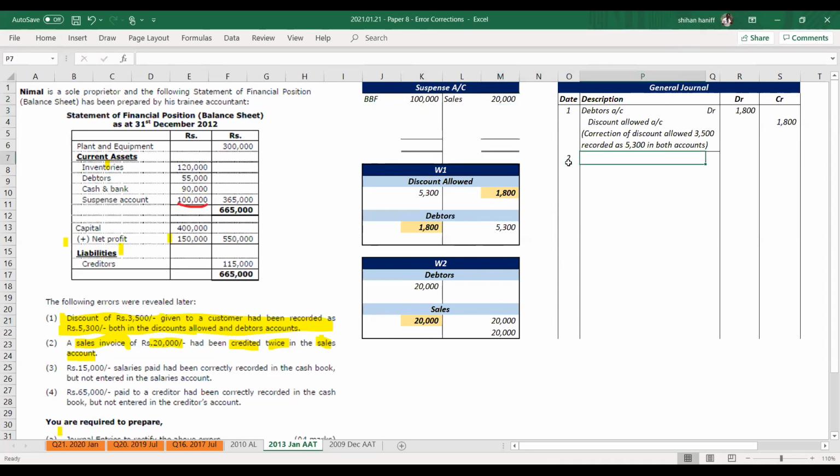So number 2, sales account debit, suspense account credit 20,000.